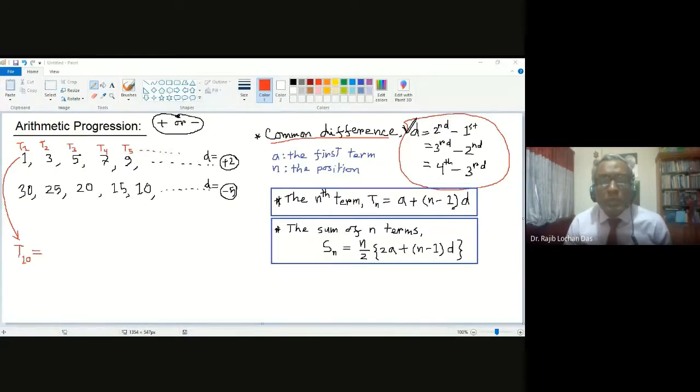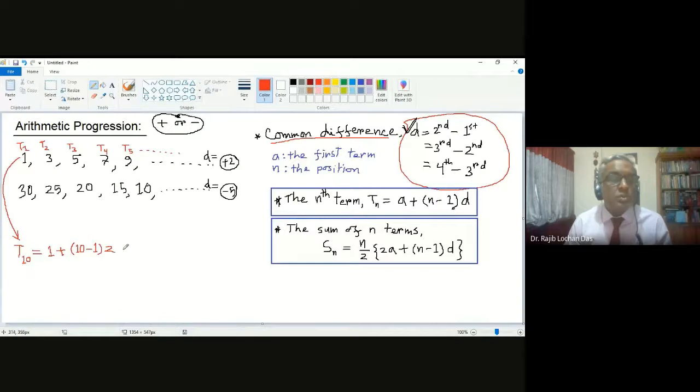Now you apply the formula here: a plus n minus 1 into d. So what is a? A is 1. And n is what? N is 10, because we want the number in the 10th position. So n equal to 10, 10 minus 1, into d. So d means what? In this case, d is plus 2.